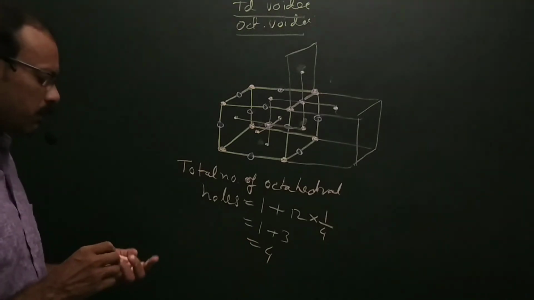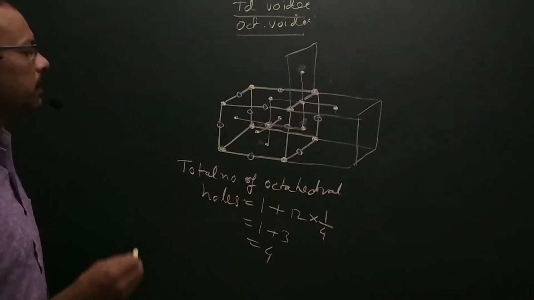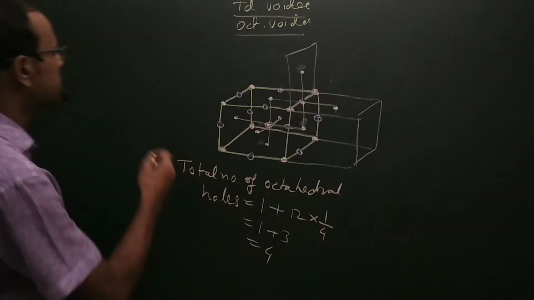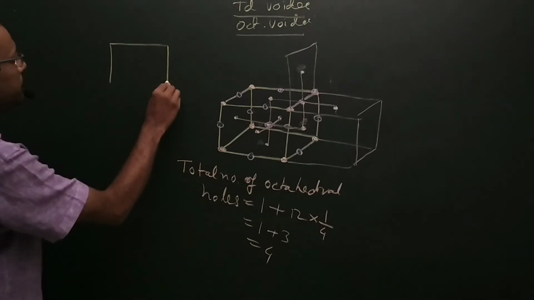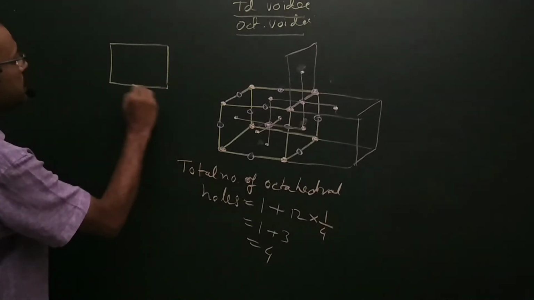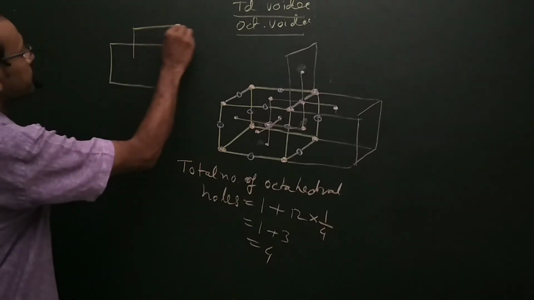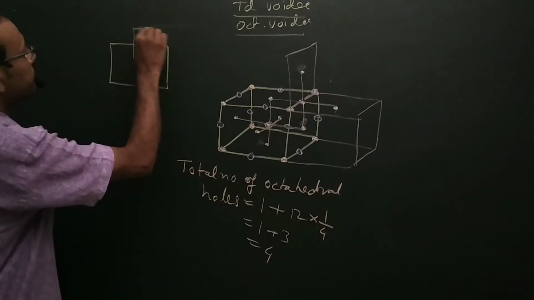And now I am going to decide the position of the tetrahedral voids. You see, I am drawing out another cube, another face centered unit cell here. Sorry.